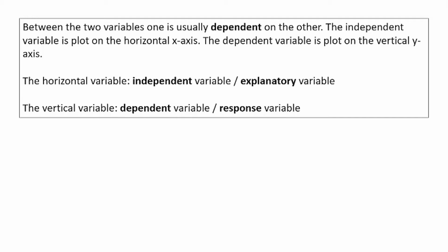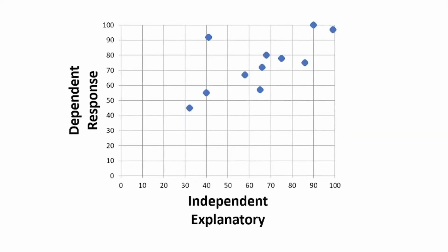This is also referred to as the response variable. One variable explains why the other variable takes the value that it does. One variable is dependent on the second to have the value that it does.